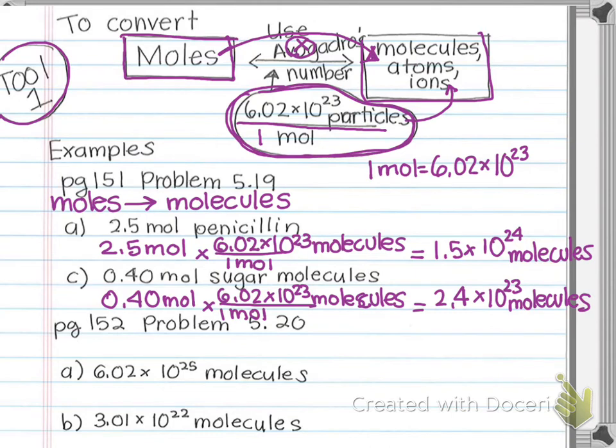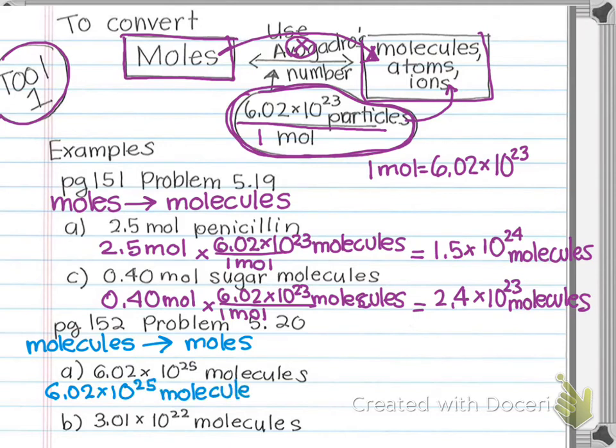Well, now let's look at the next problem. In this case, they've given us molecules, and they want us to figure out the number of moles. So in this problem, we're going to go from molecules, which they've given us here, and figure out the number of moles. So again, we write the number here, 6.02 times 10 to the 25th molecules.